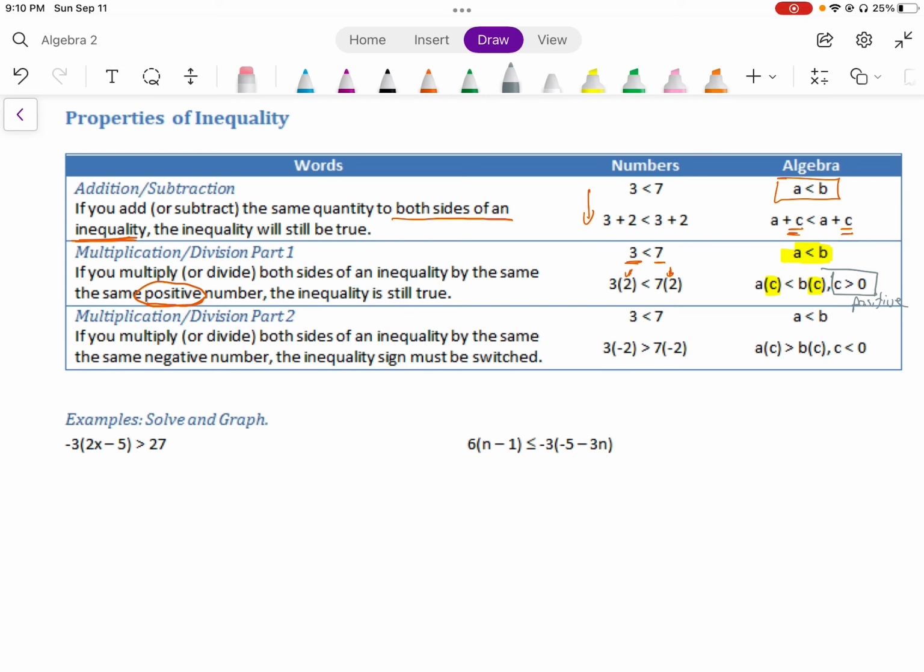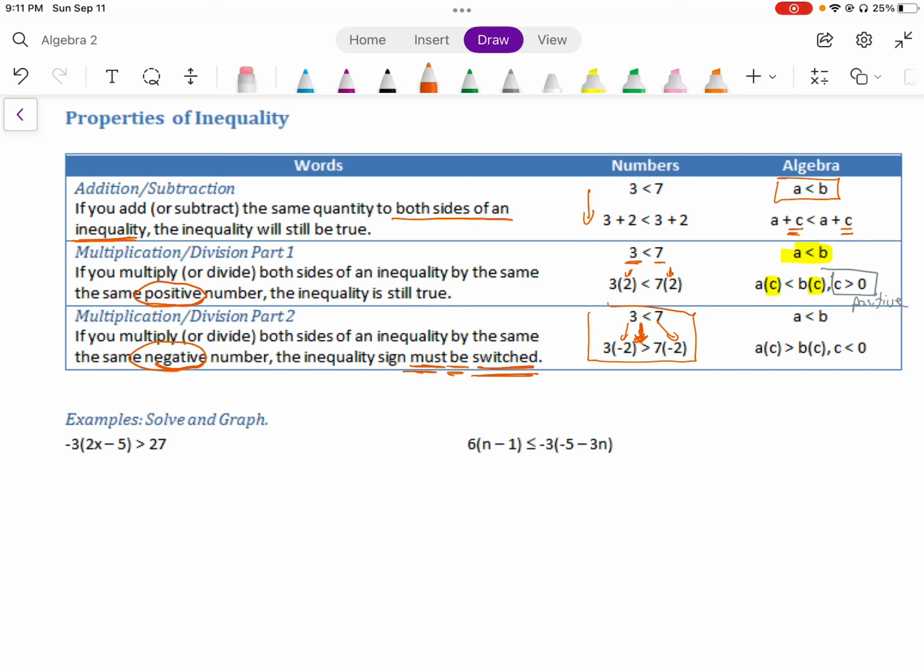And the last part, which is part 2: if you multiply both sides of an inequality by the same negative number, the inequality must be switched. So we have to switch the direction of the sign. We see that in this example here. We have 3 is less than 7, which is true, but if we multiply both sides by -2, notice we changed the direction of the inequality sign.